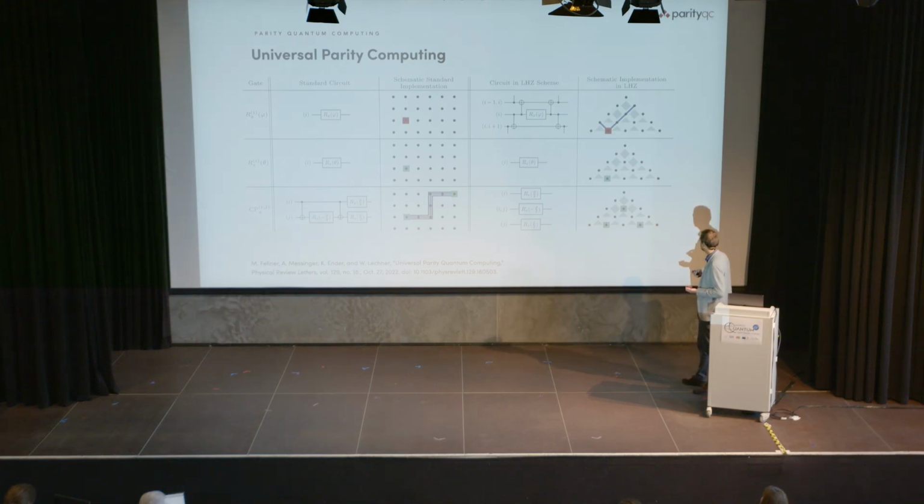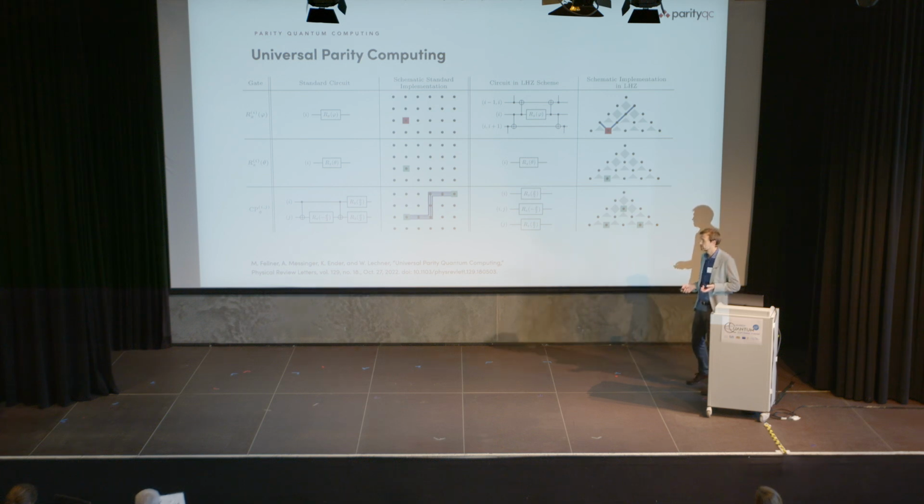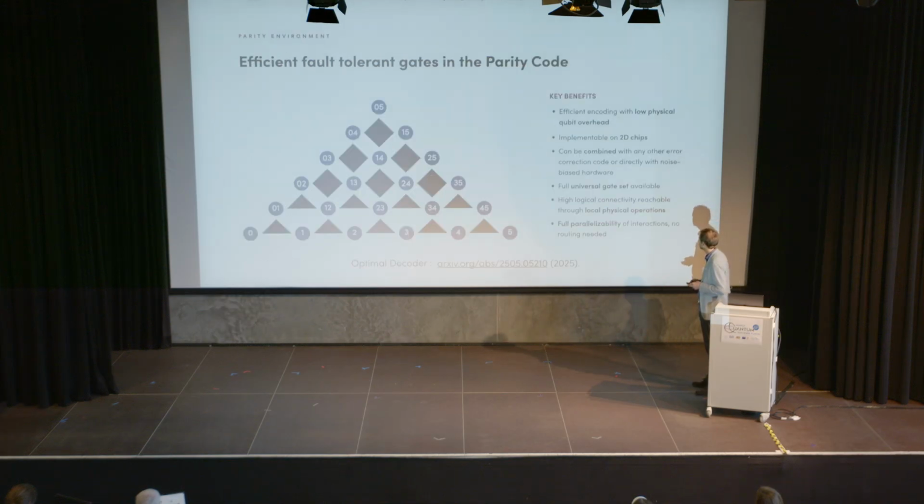So for example, if I have an algorithm which has a lot of pair interactions, let's say all-to-all, I can act on all these qubits at the same time, and I've done all the pair interactions that I needed. So if I do the parity mapping, I get a trade-off. Single qubit operations become more difficult. Pair interactions become more or less for free. So I can ask myself, can I actually gain something from this?